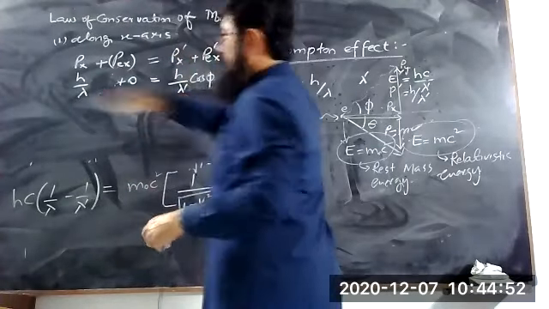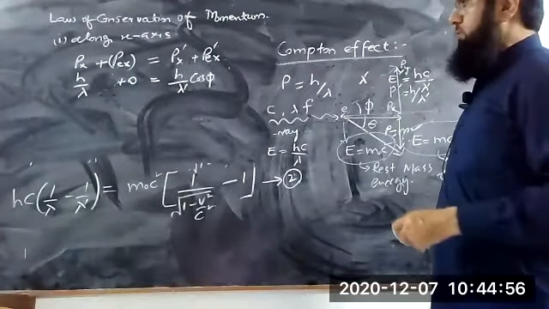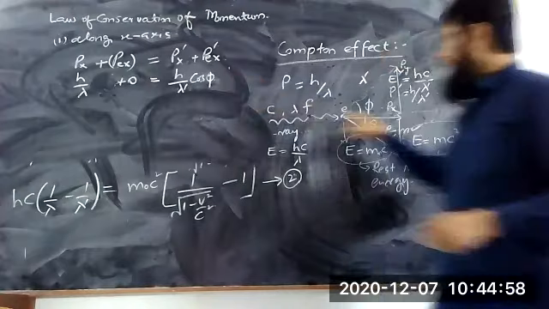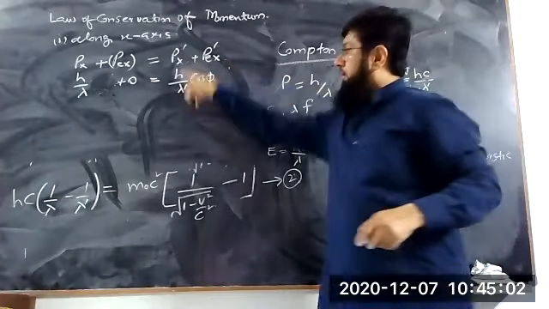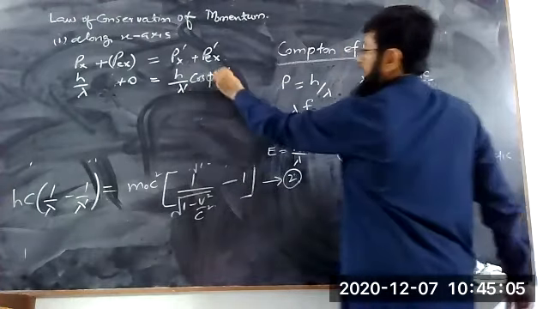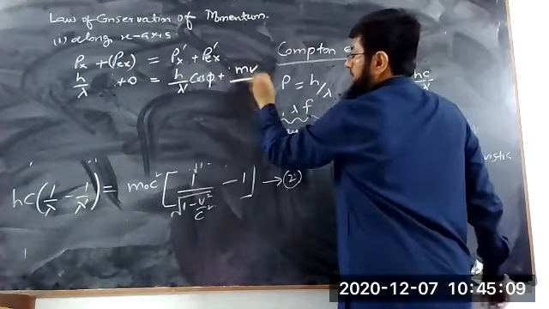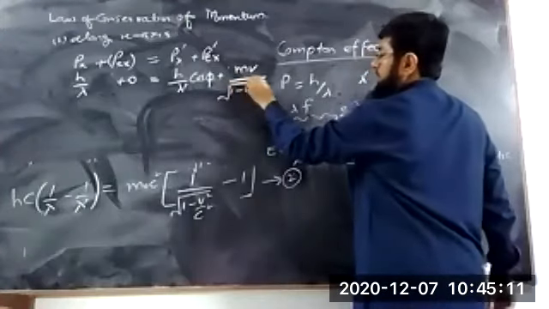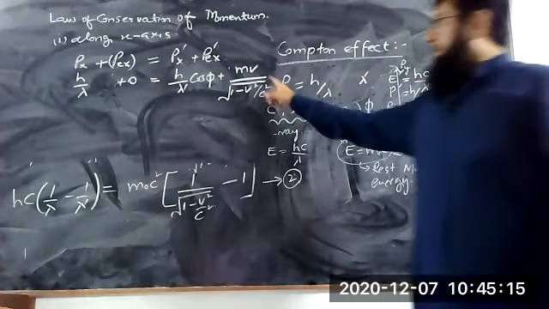Clear? Here the angle is phi after scattering, so it is h upon lambda dash cos phi, plus the relativistic momentum of the electron, which is mv divided by the square root of 1 minus v square over c square. This is known as the Lorentz factor.